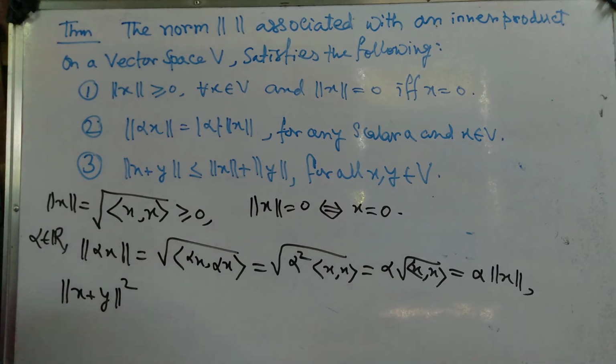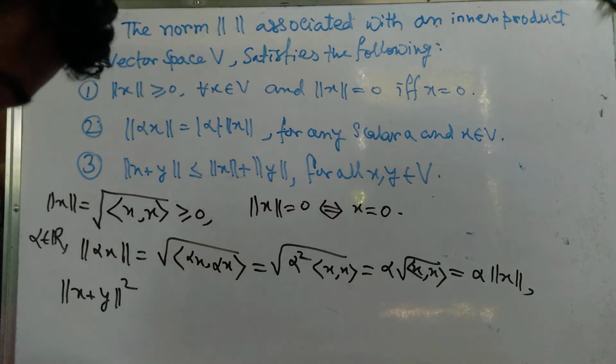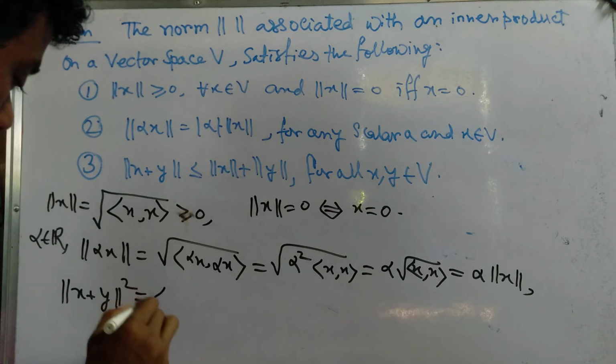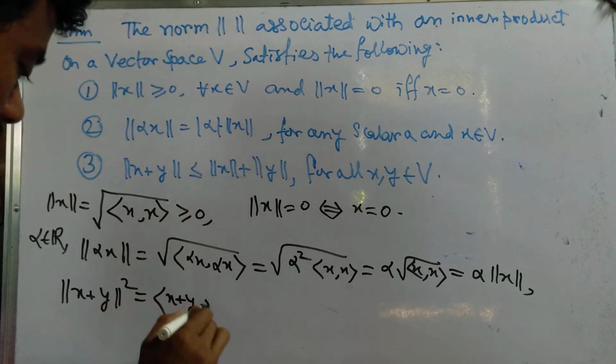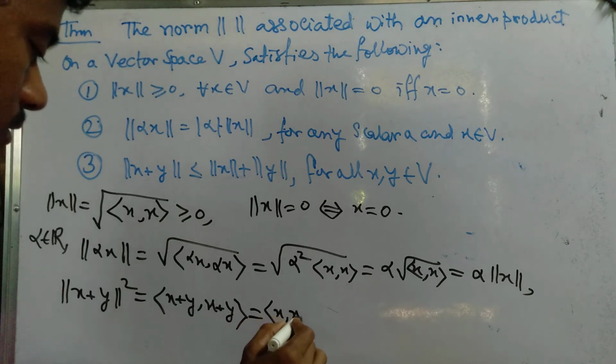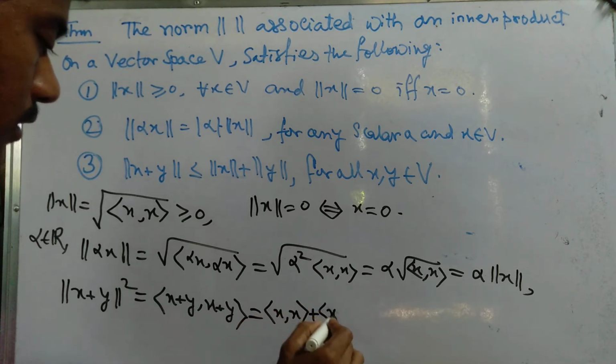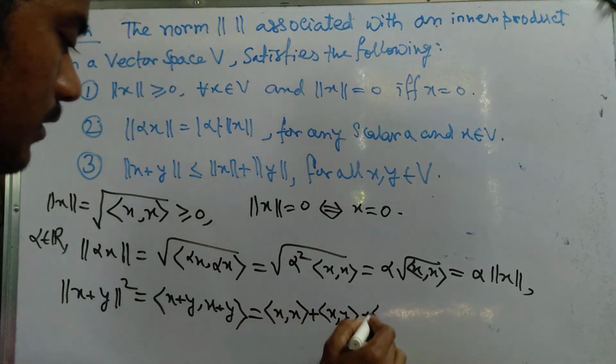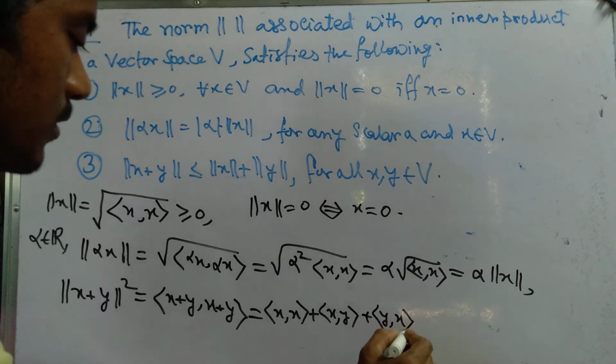We construct norm of x plus y squared, which is the inner product of x plus y with itself, equal to xx plus xy plus yx plus yy.